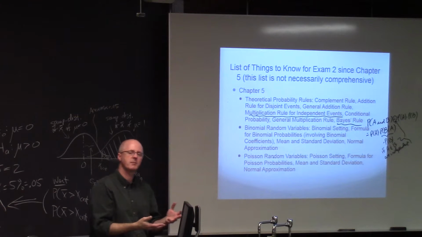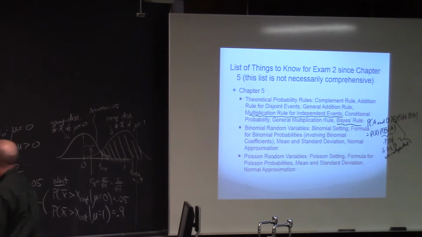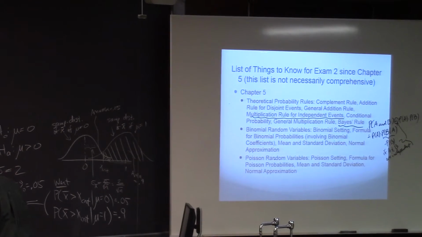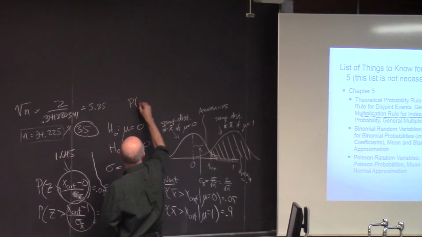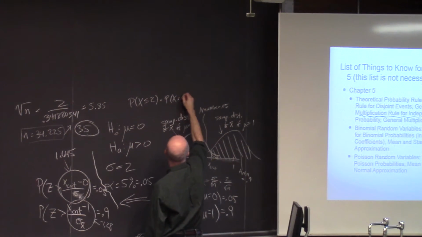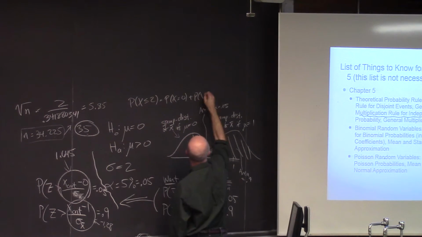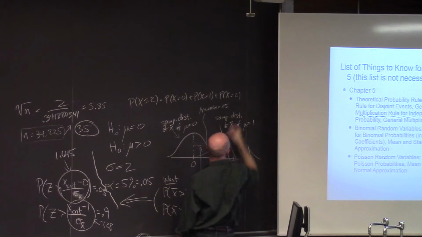So you should be able to use that formula, and not just one time, but maybe if you're trying to figure out the probability that x is less than or equal to, for example, 2, you should be able to use the formula multiple times to add up these probabilities. In this case, you have to use it 3 times.